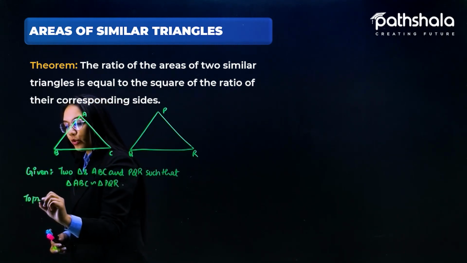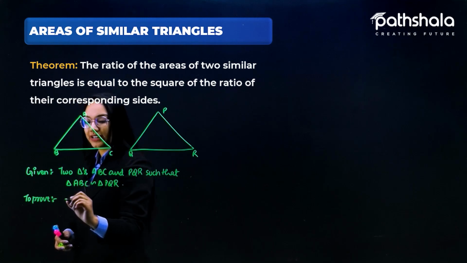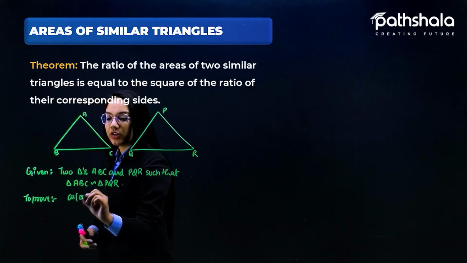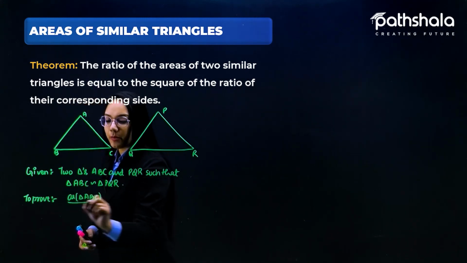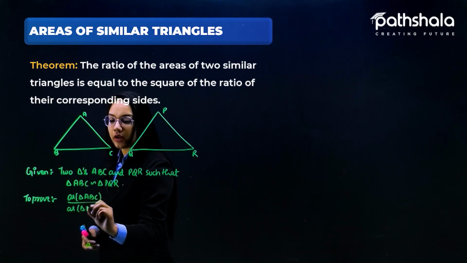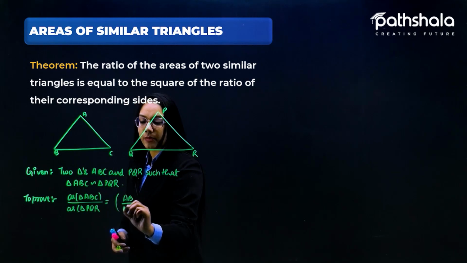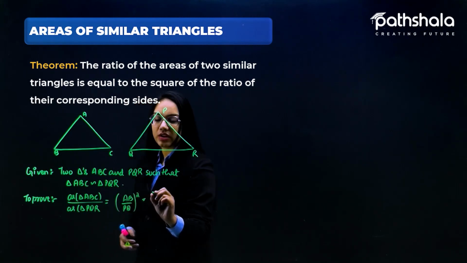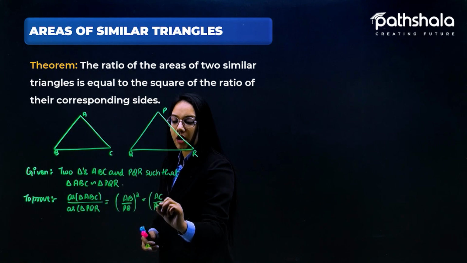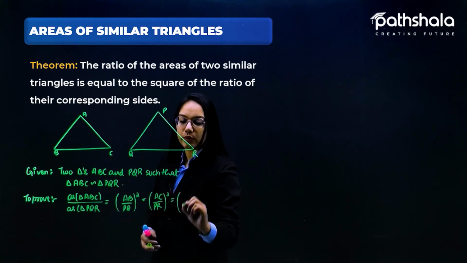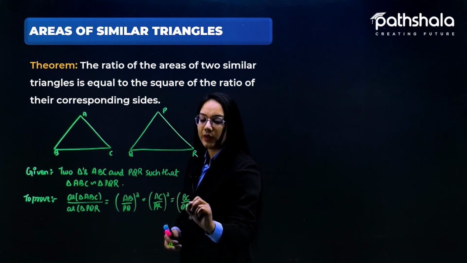Now to prove: we just have to prove that the area of triangle ABC by the area of triangle PQR is equal to AB by PQ whole square, which is equal to AC by PR whole square, which is equal to BC by QR whole square.